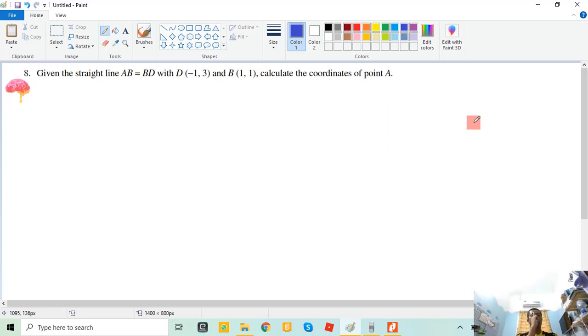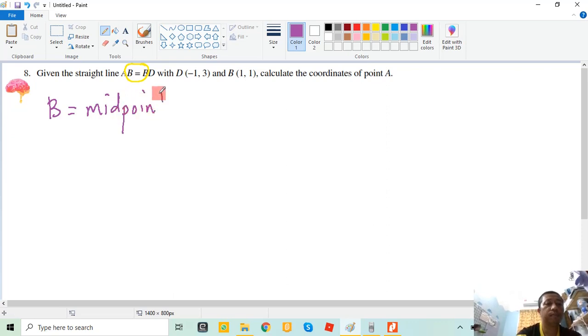So here the important thing you need to know is this one. AB equal to BD. In the middle is the same letter, the same point, B, meaning B is the midpoint.